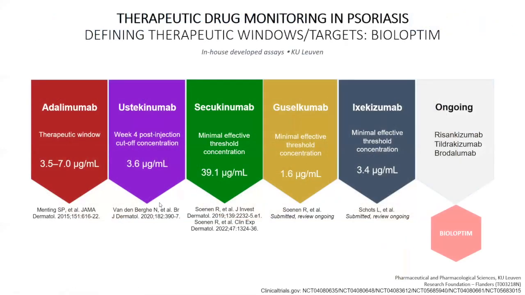This is an overview of where we are at this point of TDM research in psoriasis. I think the Ghent group is one of the groups doing research in TDM, also a group led by Professor Catherine Smith in the UK. This is an overview per biologic. For adalimumab, we have developed a therapeutic window.